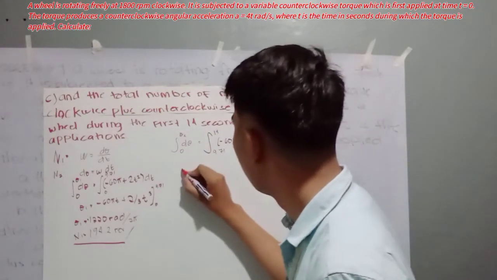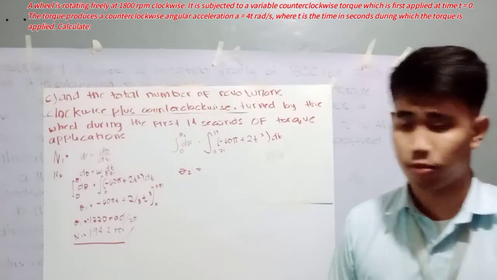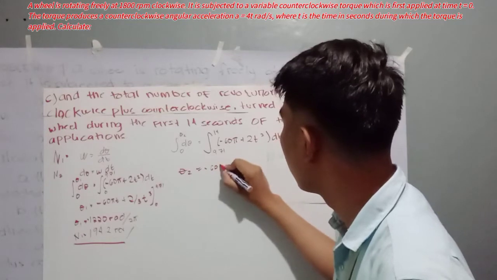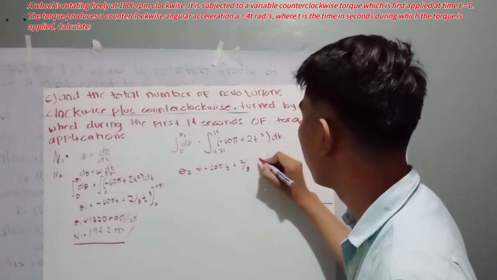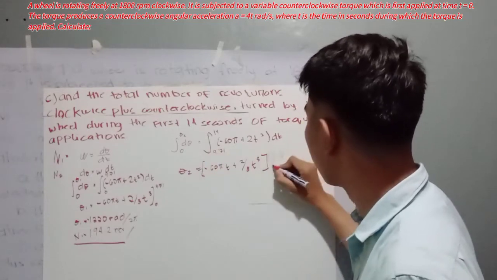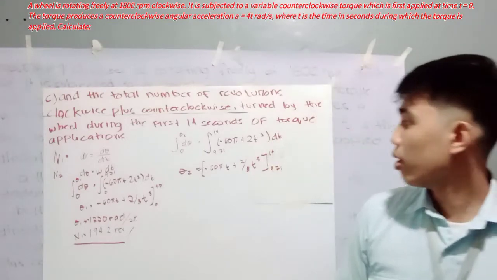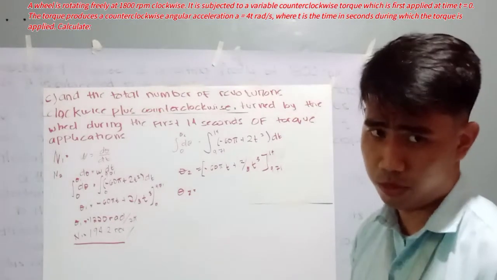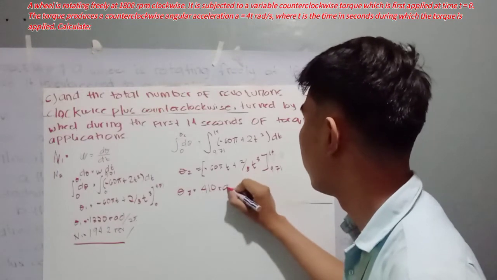So theta 2 equals negative 60 pi t plus 2/3 t cubed, with limits from 9.71 to 14. Our answer is theta 2 equals 410 radians.